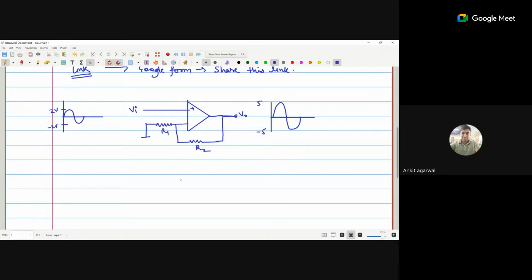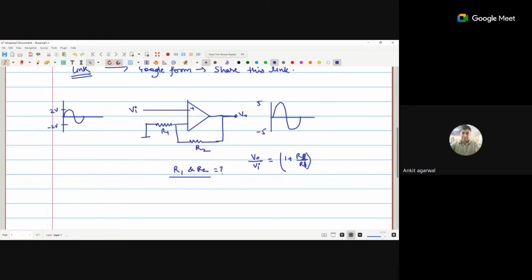Can you calculate the values of R1 and R2? Because you know this is the non-inverting amplifier, so V naught upon Vi is what? 1 plus Rf by Ri, or R2 by R1 in this circuit.